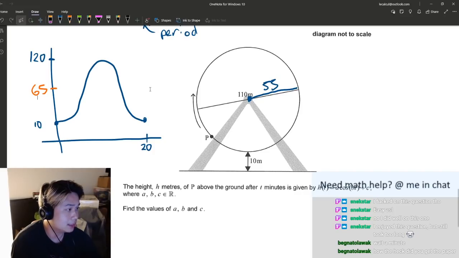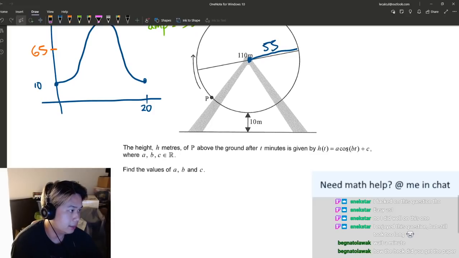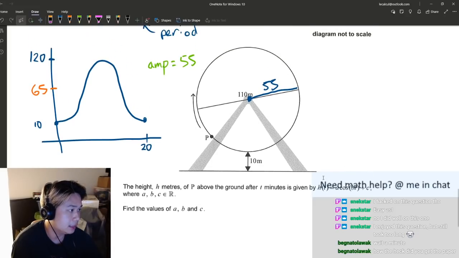So my midline is 65. Now, a couple of things. The amplitude of the Ferris wheel is the radius, which is 55. What I'm trying to do is eventually work my way to finding A, B, and C. A is related to the amplitude, it is the number 55.